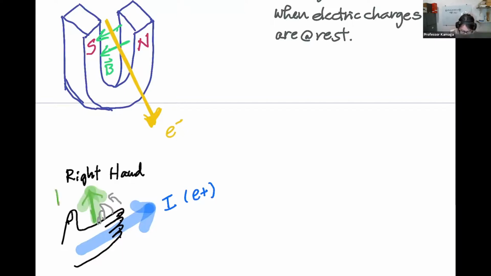This is going to be the direction of the magnetic field. Then the direction of your thumb.